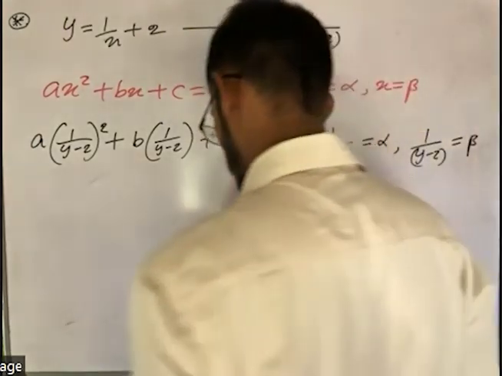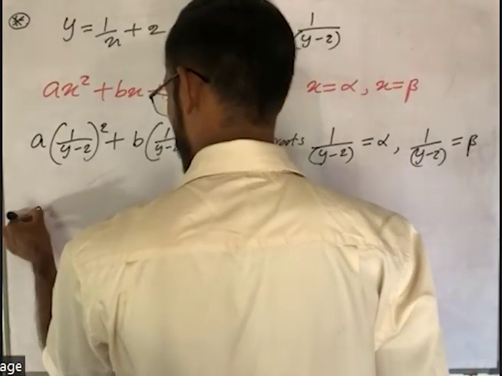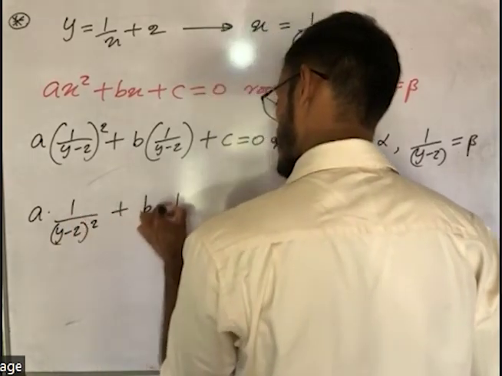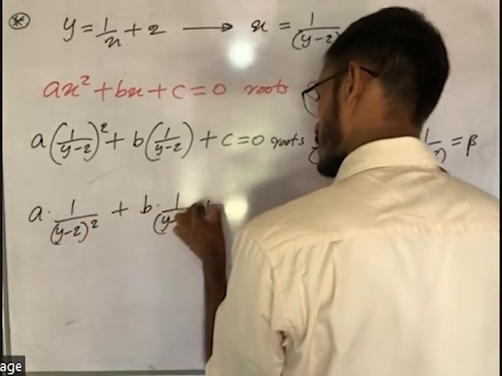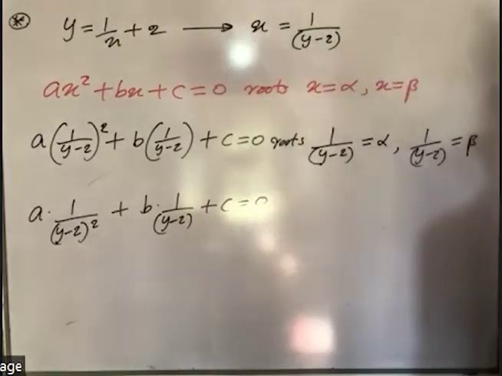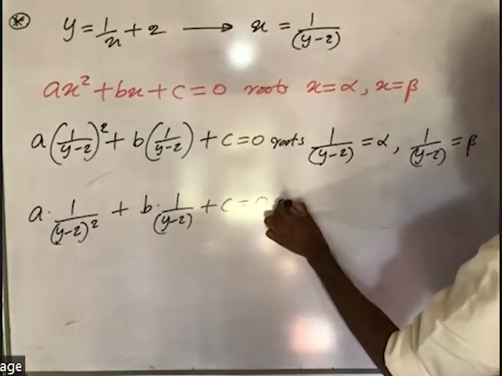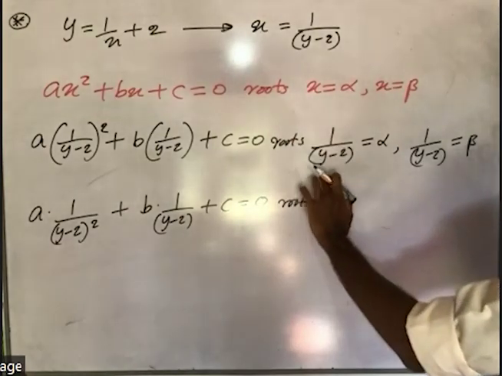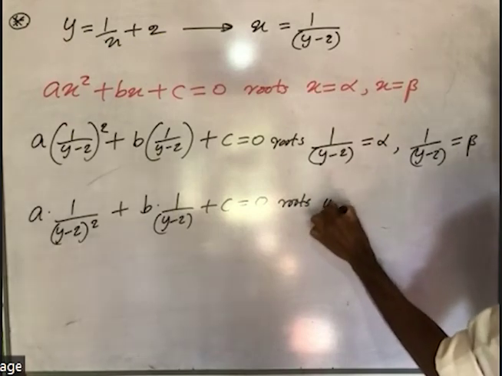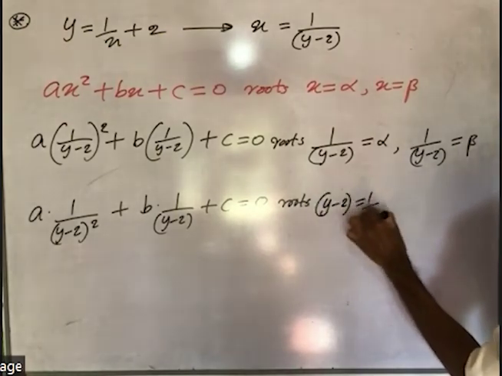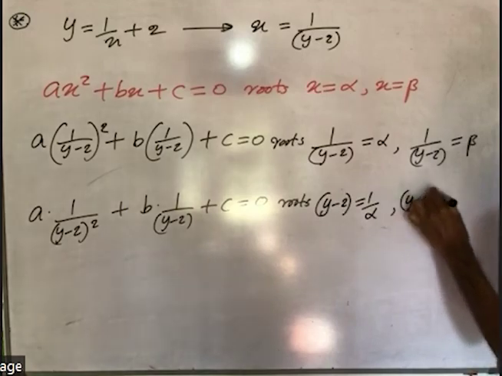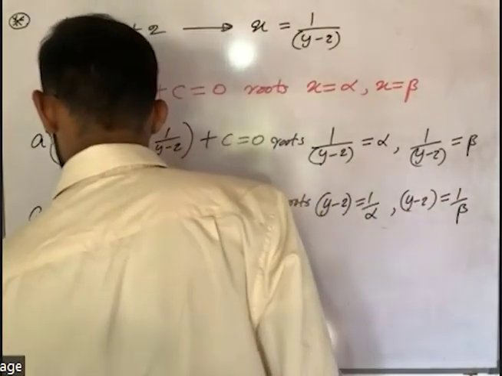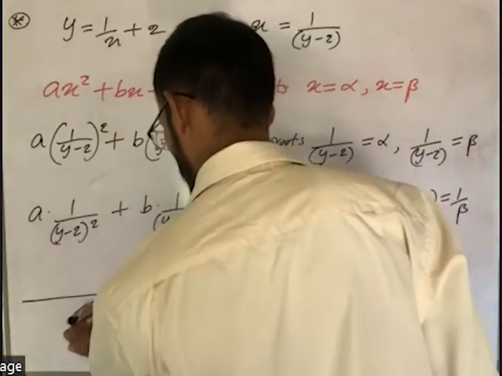Right. Now take this square. Then a into 1 over y minus 2 square plus b into 1 over y minus 2 plus c equal to 0. Here the roots are 1 over y minus 2 equal to alpha. You can take the reciprocal. Then y minus 2 equal to 1 over alpha, and y minus 2 equal to 1 over beta. Now take the common denominator, y minus 2 square.